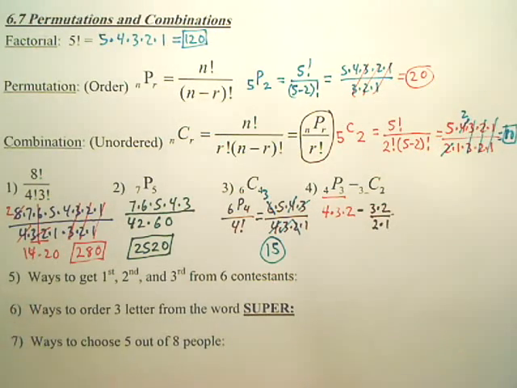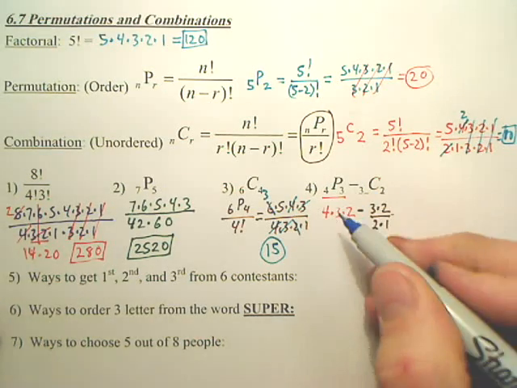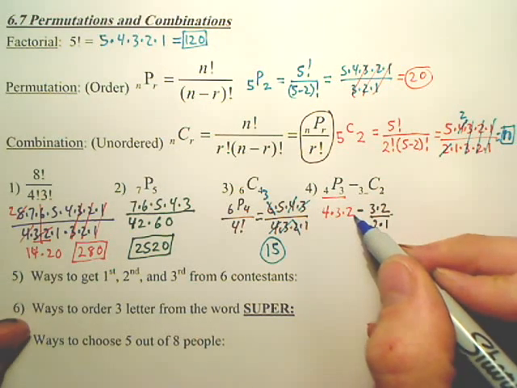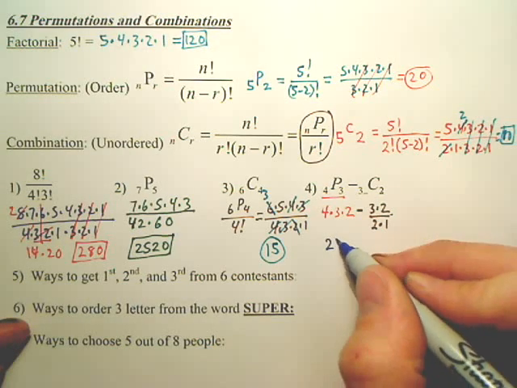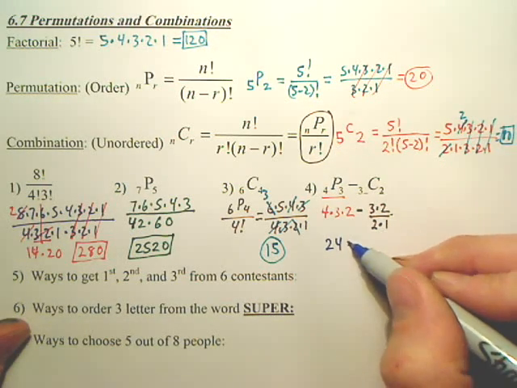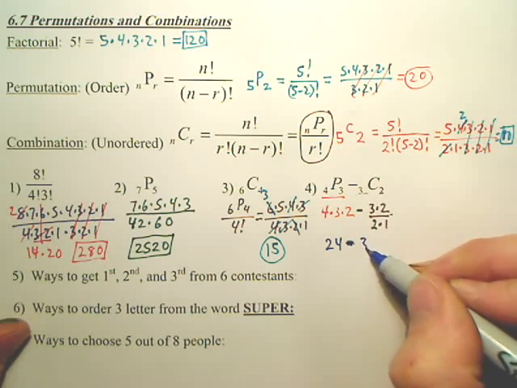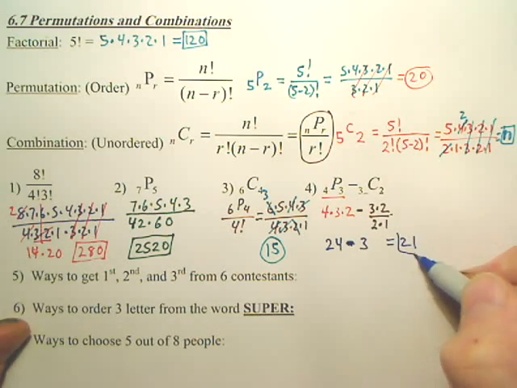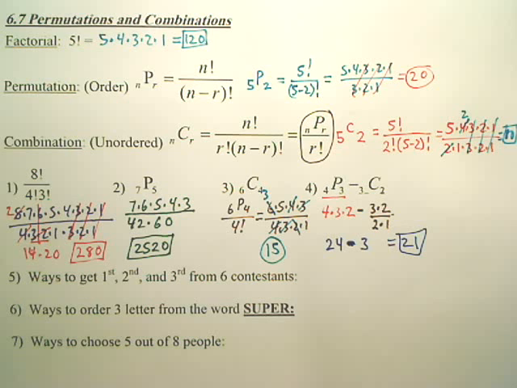And then we're going to get these 2 numbers and subtract them. So I have 12 times 2 is 24. I have 6 divided by 2, which is 3. My answer is 21. Alright. That's dealing with permutation combinations.